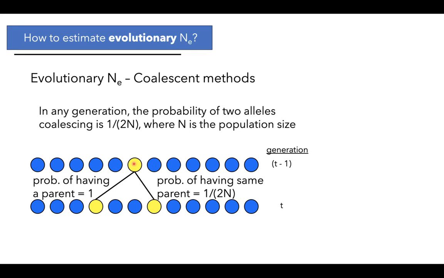If you had a large population, let's say instead of 6 individuals, you have 60 diploid individuals, now you have 120 different alleles in the population. And the probability of these 2 yellow alleles having the same parent in the previous generation is going to be much lower. Instead, they may coalesce in the T minus 2 generation, or T minus 3, or T minus 4.